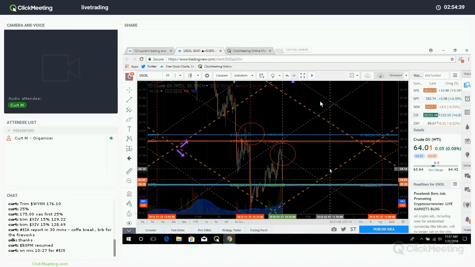Pretty calm though so far. For an EIA report, this is about as calm as they get. You usually see much more volatility quicker. Coming to a fib support.